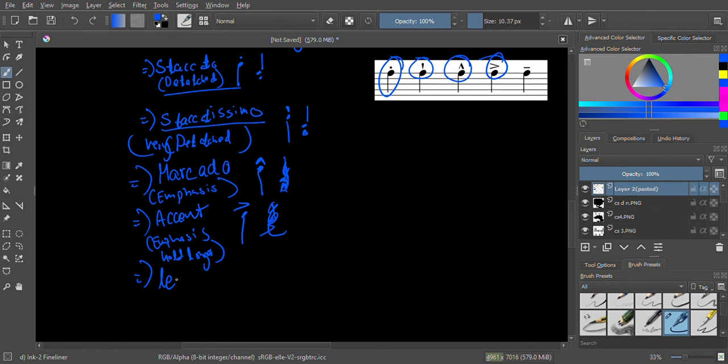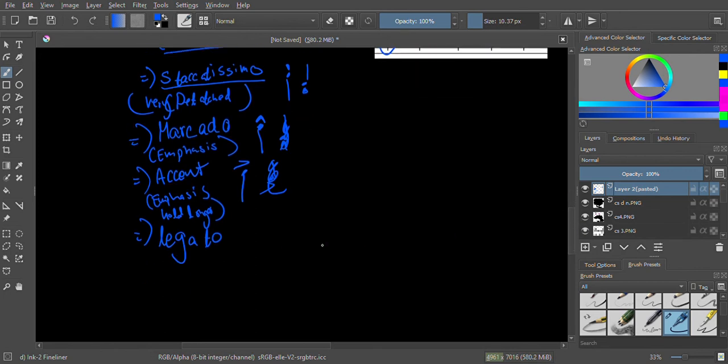Then legato just means hold for the full length, for the full duration. So this is basically holding the note for longer.